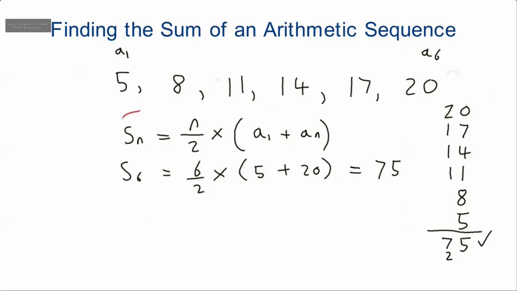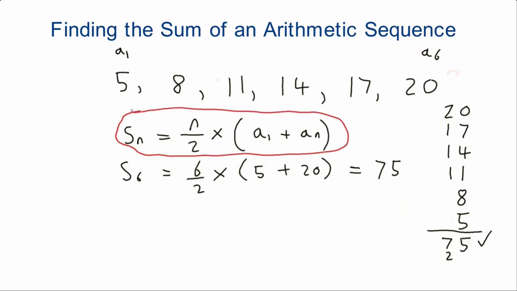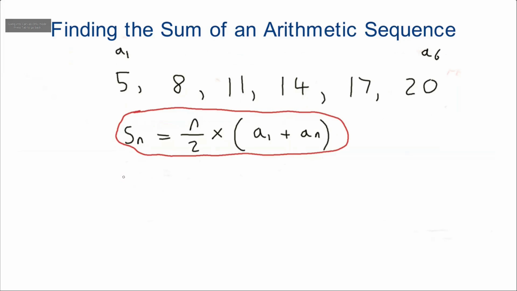Now, what if you didn't have this formula, couldn't remember it? Is there another way? Well, let's just remove some of this for a moment. One way it can be done is to realize how the equation is built. So we put these numbers down again and reverse them. So put another copy underneath like this.